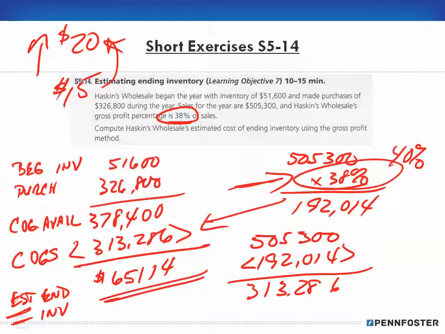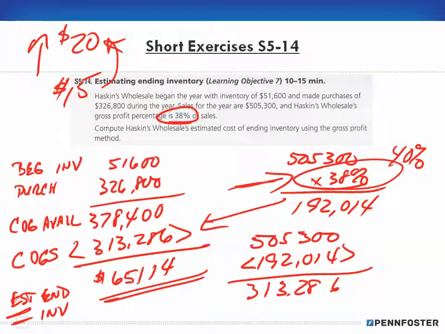So we have goods available for sale, and remember we're looking at our books here, and this is an estimated ending inventory. Notice it's also not a physical inventory. We estimate that our cost of goods sold is 313,286, so that should give us an estimated ending inventory of 65,114.